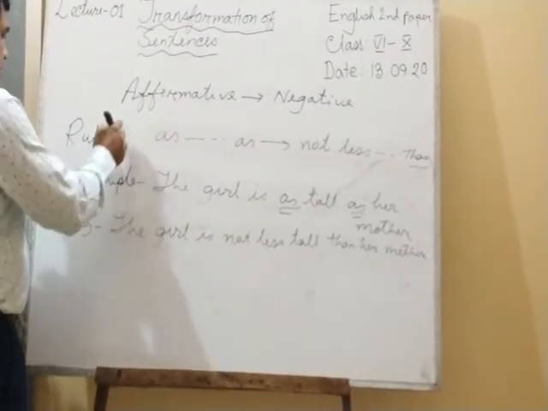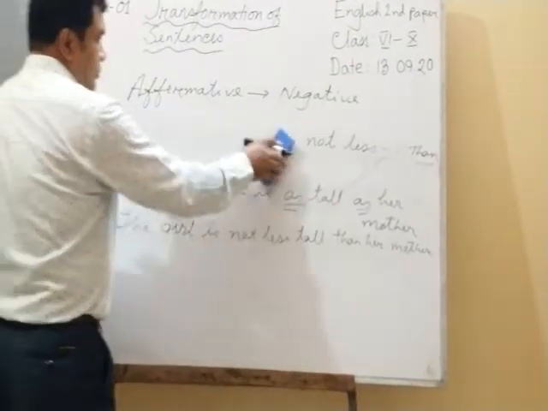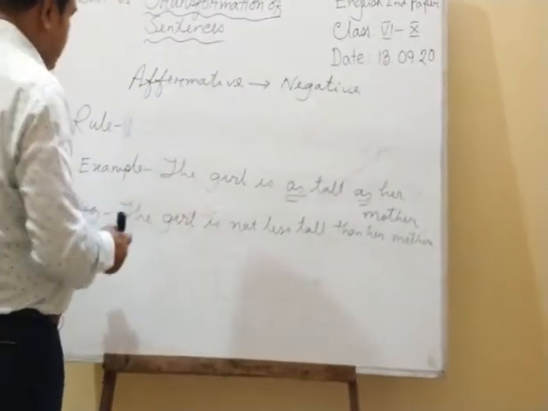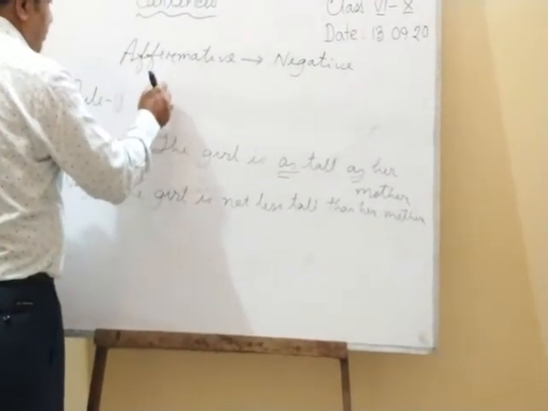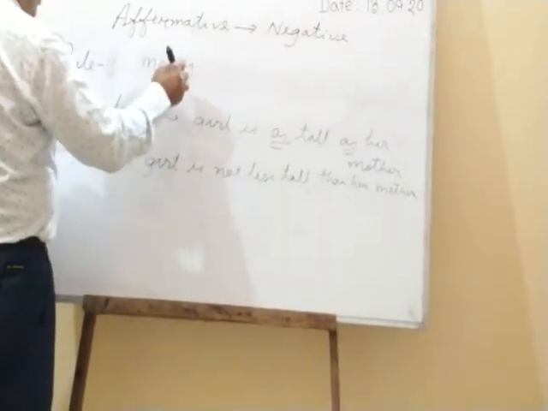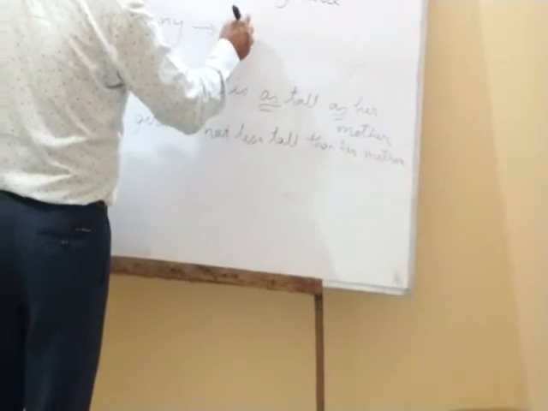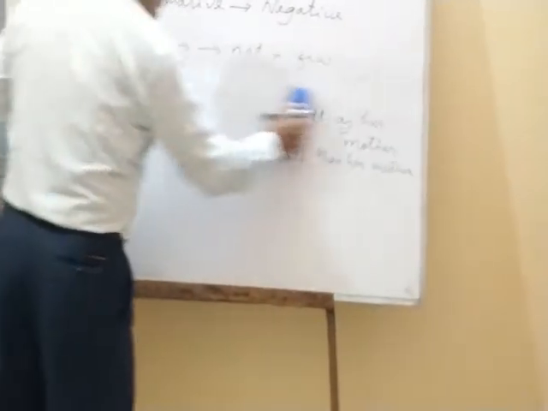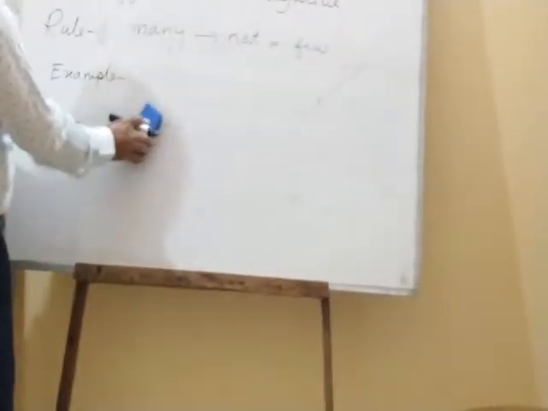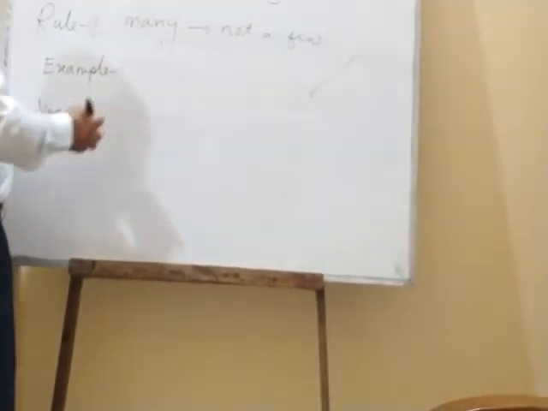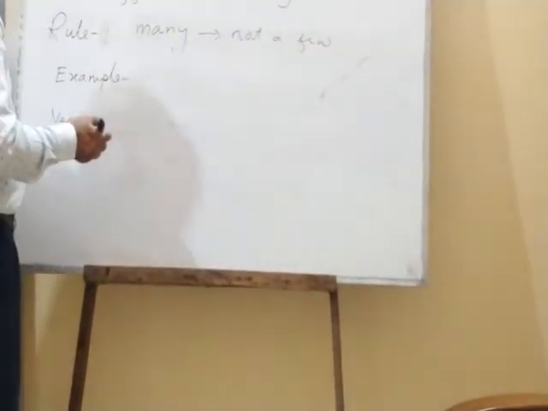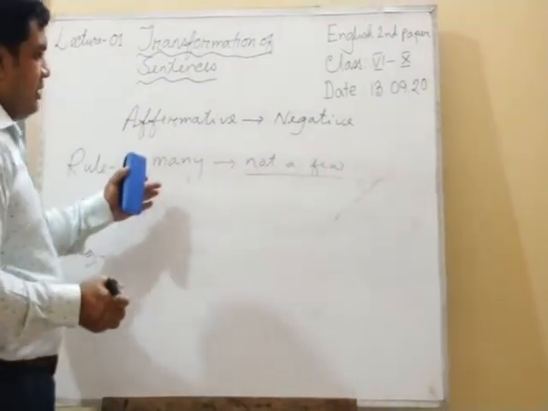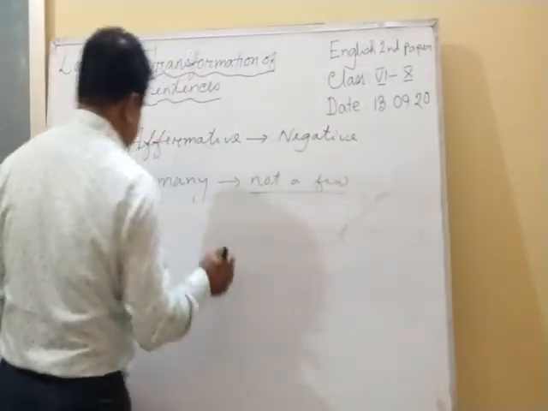Rule number 11. Many. Not a few. If we find "many" in an affirmative sentence, we will make it using "not a few". That means we will have to make the sentence negative and use "a few".